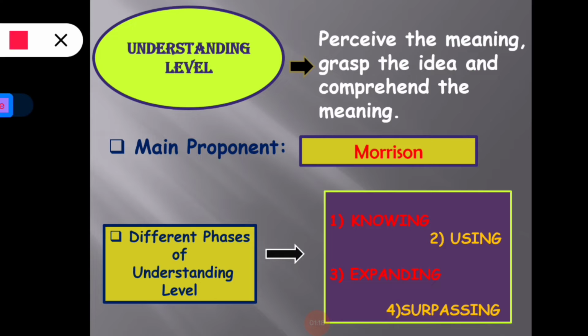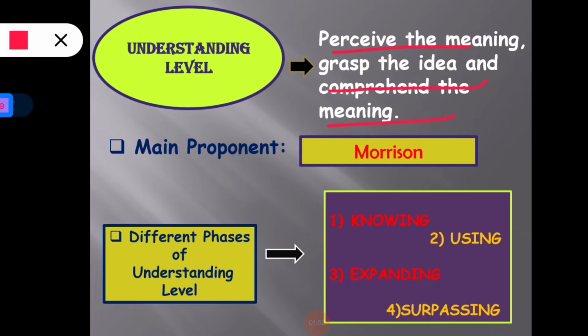The memory level of teaching basically focused only on the rote memorization of the concepts, while at the understanding level, emphasis is on the mastery of the subjects by developing understanding and insights, and that's why it is concerned with perceiving the meaning, grasping the idea, and comprehending the meaning also. So I think the actual concept of this understanding level of teaching is clear to everyone.